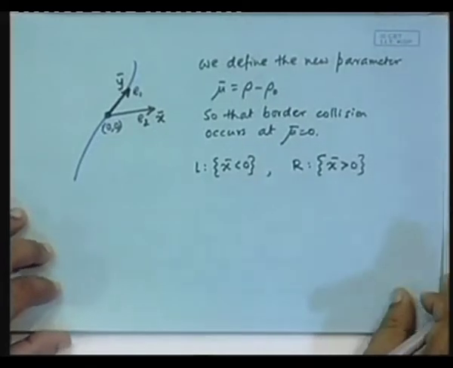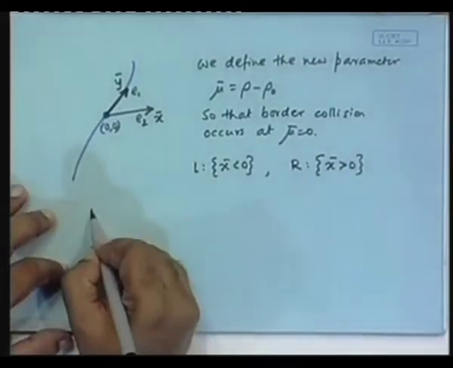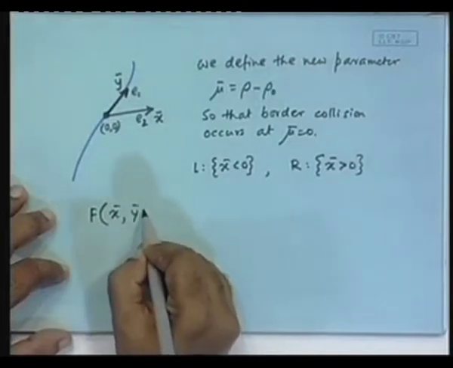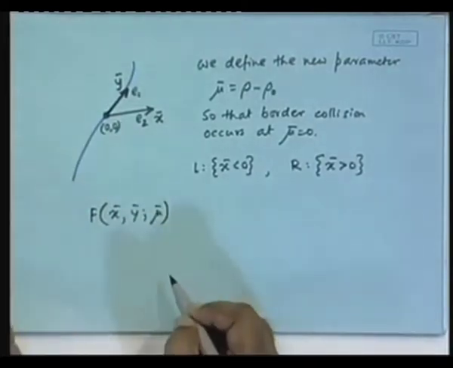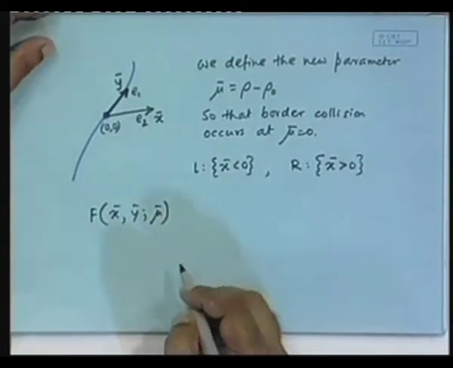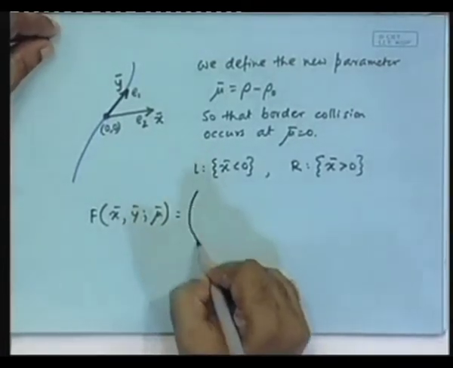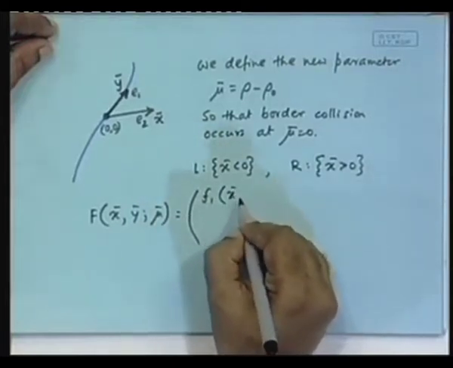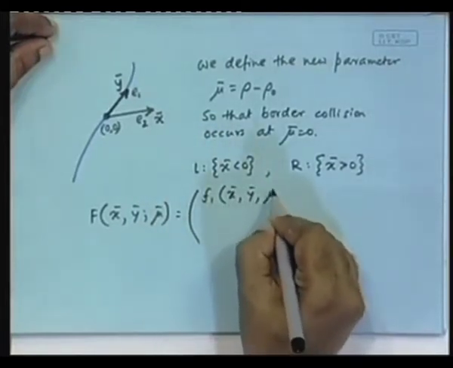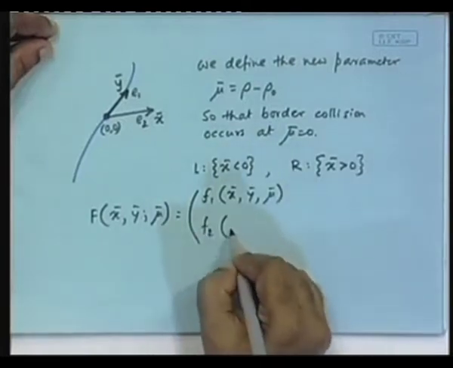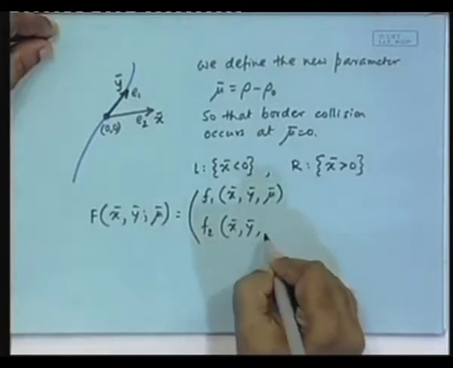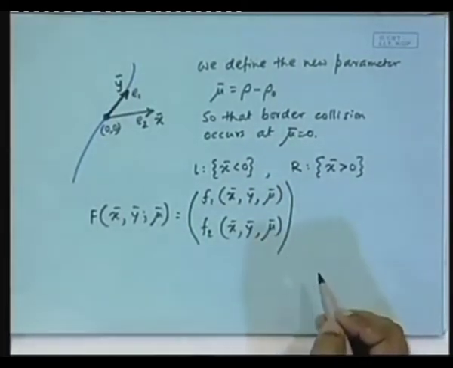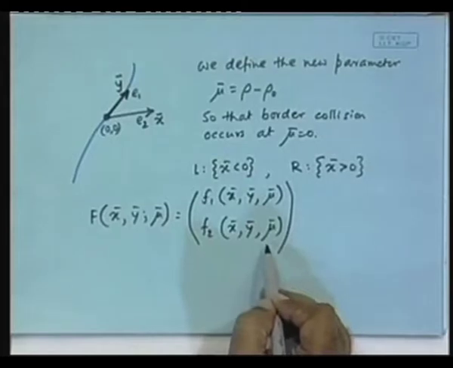So, now we have the map as f of x bar, y bar and mu bar. This can be written as f1 of x bar, y bar, mu bar, and f2 of x bar, y bar, mu bar, in the two halves.